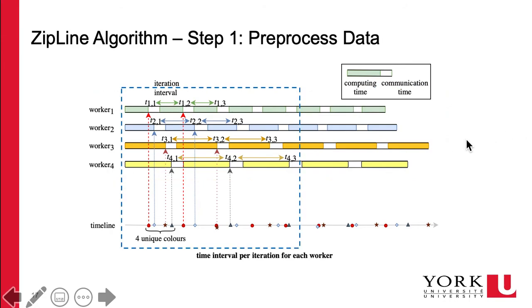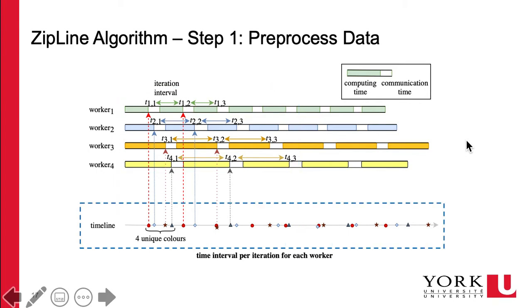Then we can map this iteration or timestamp into a one-dimensional line. And then we use different colors to color each worker. So the timestamps are distinguished based on either their timestamp value or the color value.